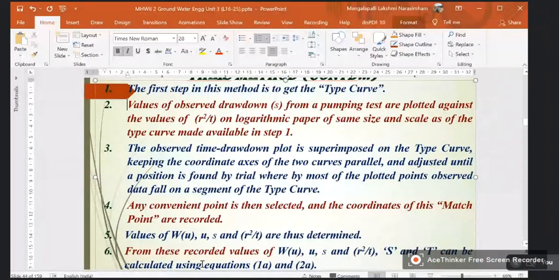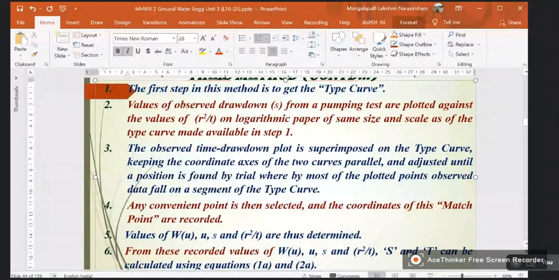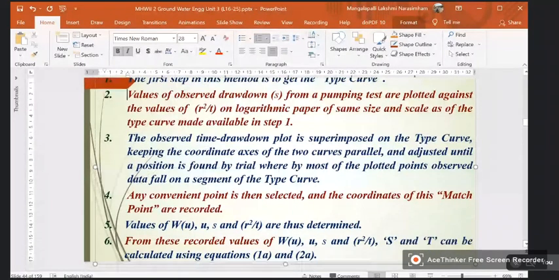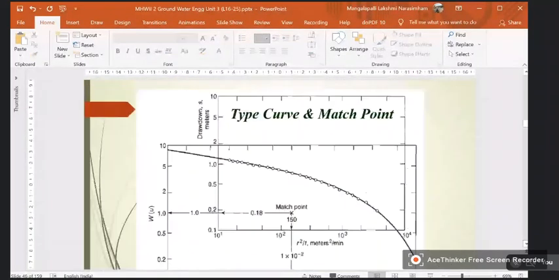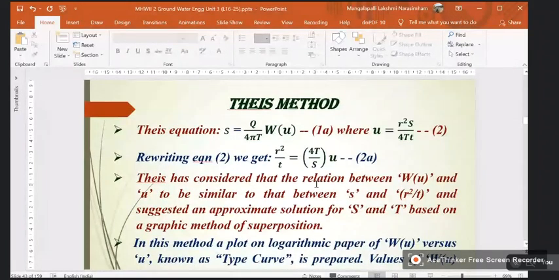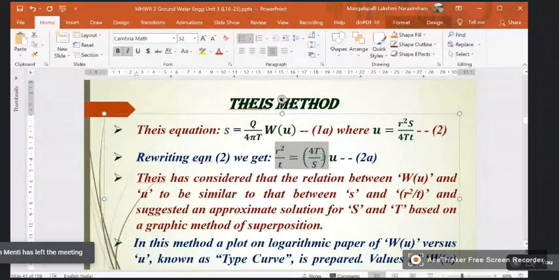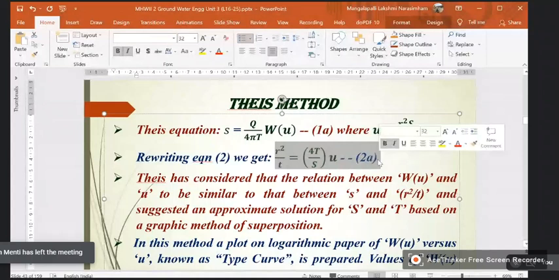So from these recorded values of W(u), u, s, r square by t, the values of S and T can be calculated using equations 1a and 2a. I think I have given 1a and 2a above. This is 1a and this is 2a.